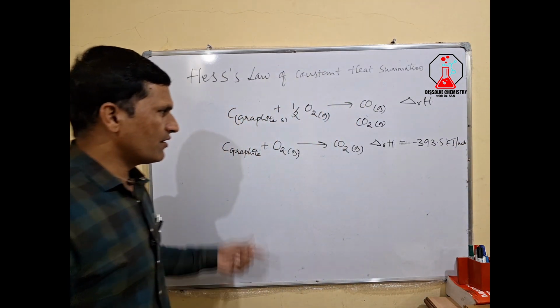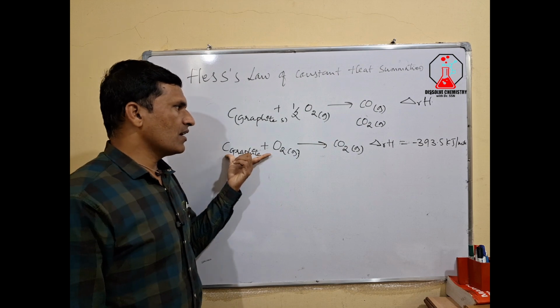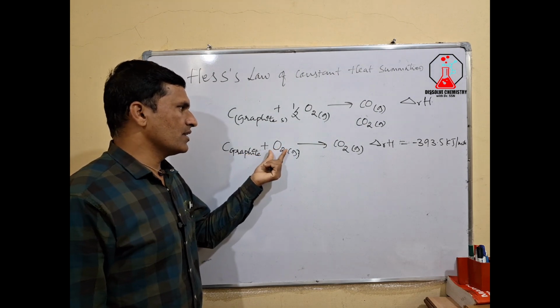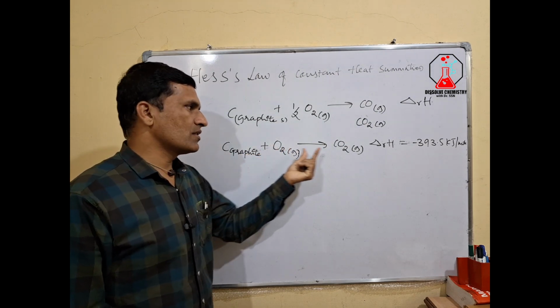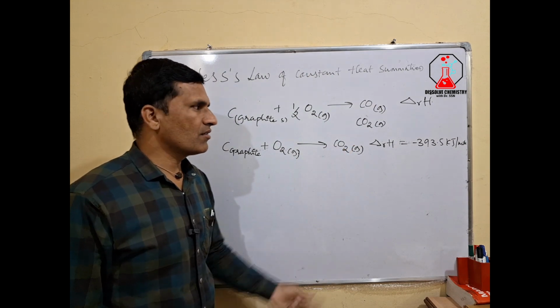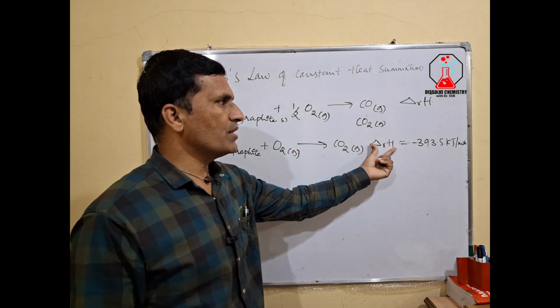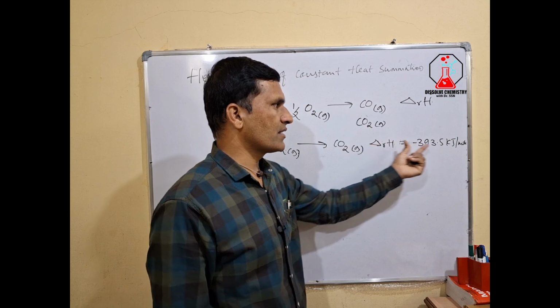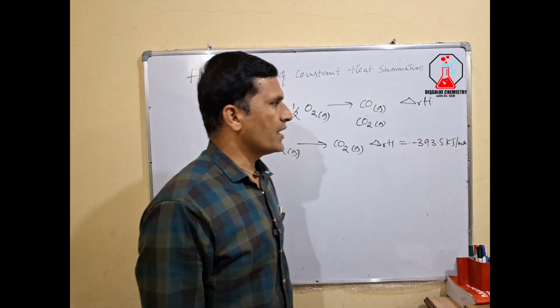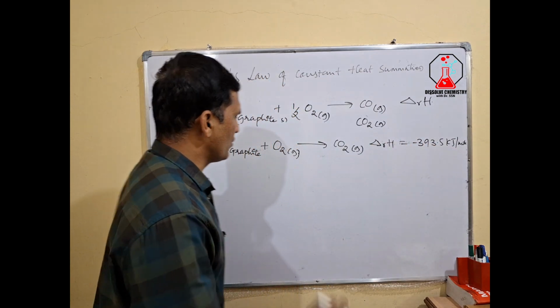So we have taken graphite and, in a sufficient amount of oxygen, we want to give carbon dioxide, and the total enthalpy change of this reaction corresponds to minus 393.5 kilojoules per mole.